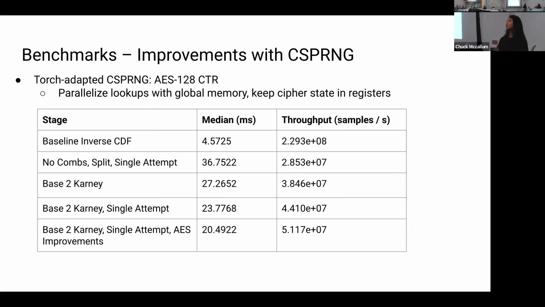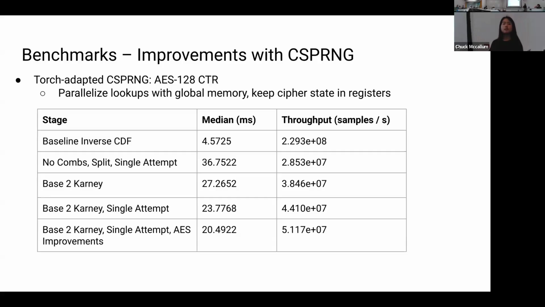But I did try to make some improvements on top of the torch-adapted one. This one is AES based, and originally the lookup table was stored in constant memory, but it could be parallelized by doing a global read from a data cache if you store the lookup table there, which actually made it a bit faster.